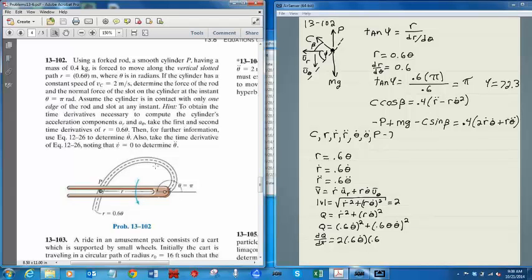The derivative of theta dot is theta double dot, plus, bring the power down, 0.6 theta dot times, then we have a product formula on the inside.